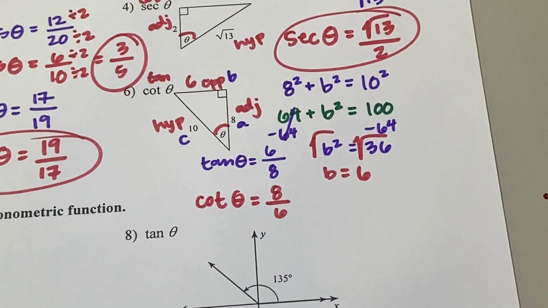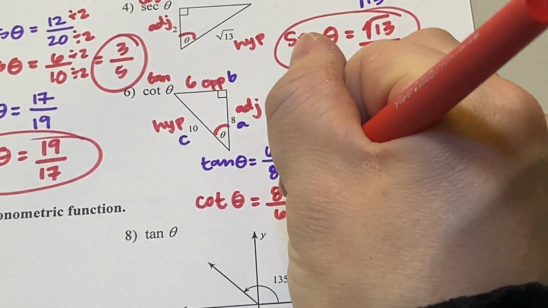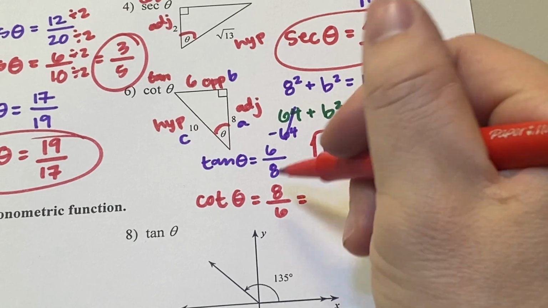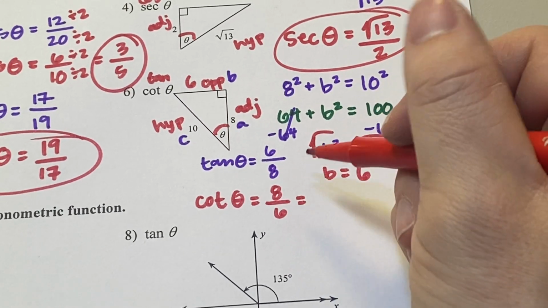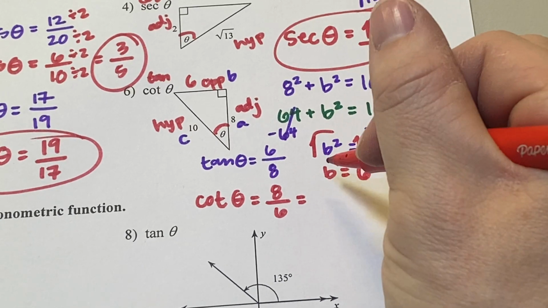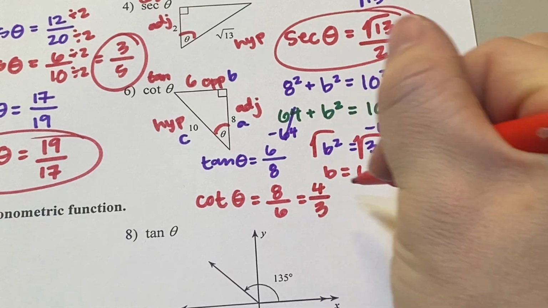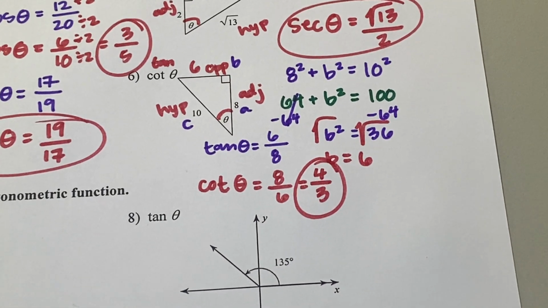Can we reduce 8 over 6? Yes. We can divide both of them by 2. 8 divided by 2 is 4, and 6 divided by 2 is 3. Final answer, cotangent of theta, 4 over 3.